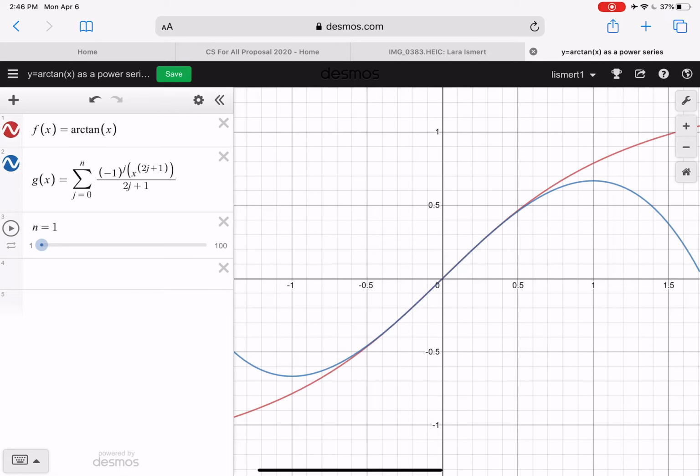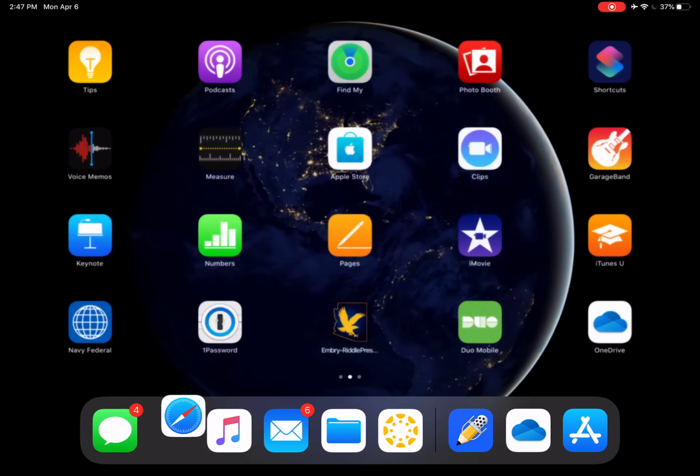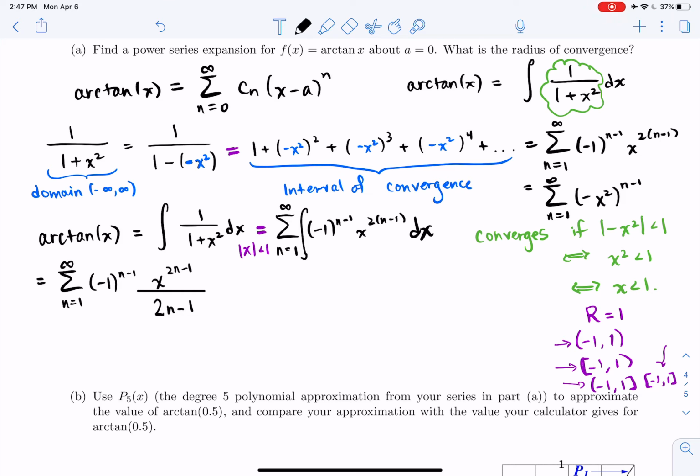When we get out to -1 and 1, our power series is not very close to arctan. If we increase the number of series terms, it gets tighter, but it never gets close to arctan after 1 and before -1. So the interval of convergence is -1 to 1. All right, great. Hopefully that visual assisted you.